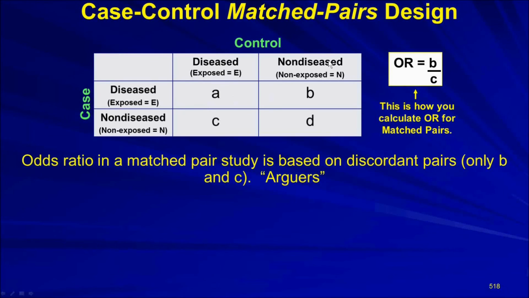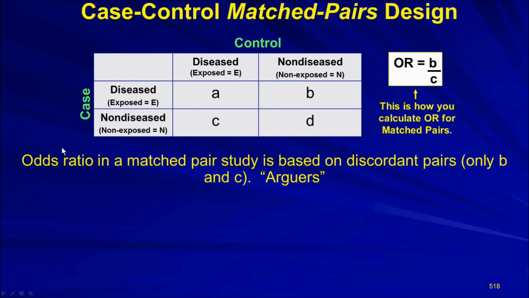and this is a concordant pair because they get along, right? And then when we go to non-diseased and diseased, this is a discordant pair. And then when we go to diseased and non-diseased here, we have a discordant pair. So all we need for this calculation for a case control matched pairs design are the discordant pairs, and this is how you calculate the odds ratio in this particular case.